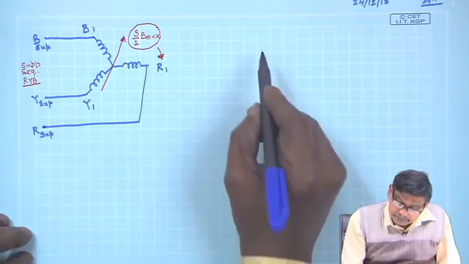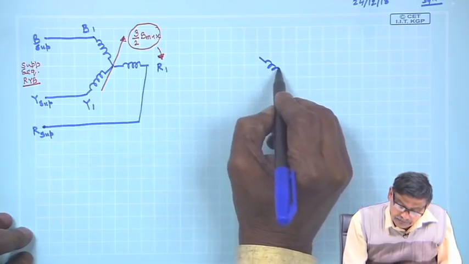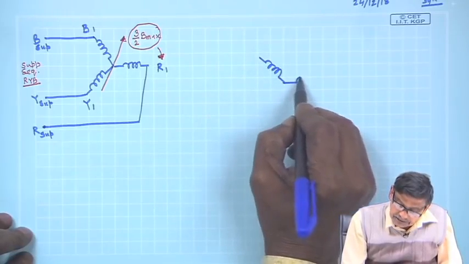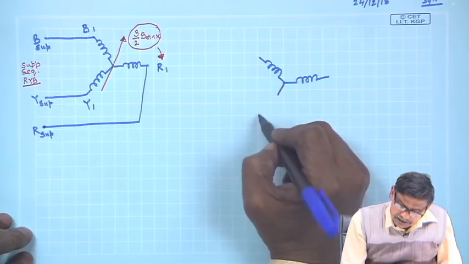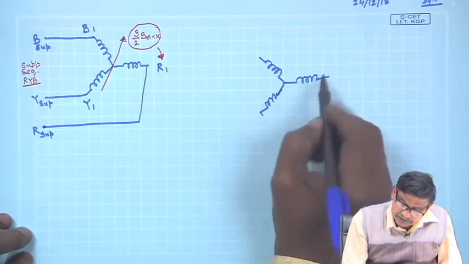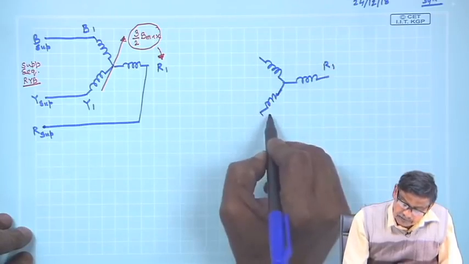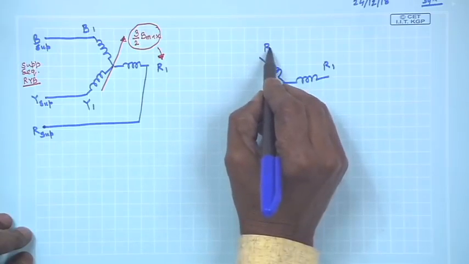If the same machine, suppose the winding I am not disturbing, whatever it is there, it was marked R1, Y1, B1.